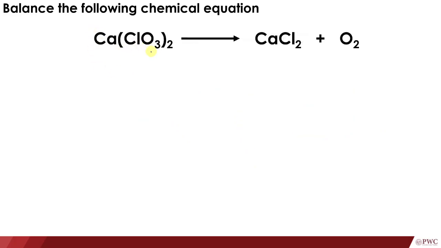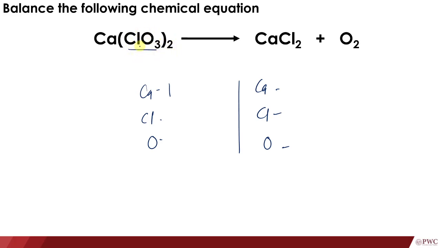Next, we have CaClO3 with a 2 in front, producing CaCl2 plus O2. Again, all the elements: Ca, Cl, and oxygen on both sides. On this side, we have one calcium atom. In this case, we have this 2 over here. This doubles everything in the formula.